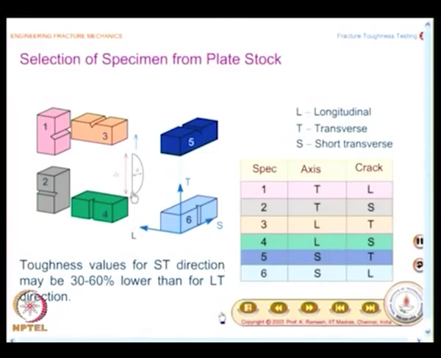Particularly when you have a surface crack, the property variation, which is a function of the L, T and S direction, can influence how the part through crack can propagate. And you have to note that toughness values for ST direction may be 30 to 60% lower than for LT direction.